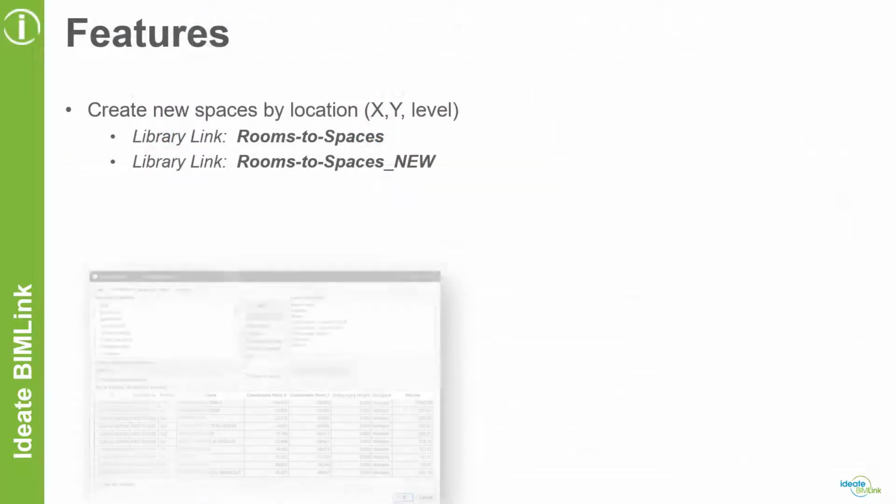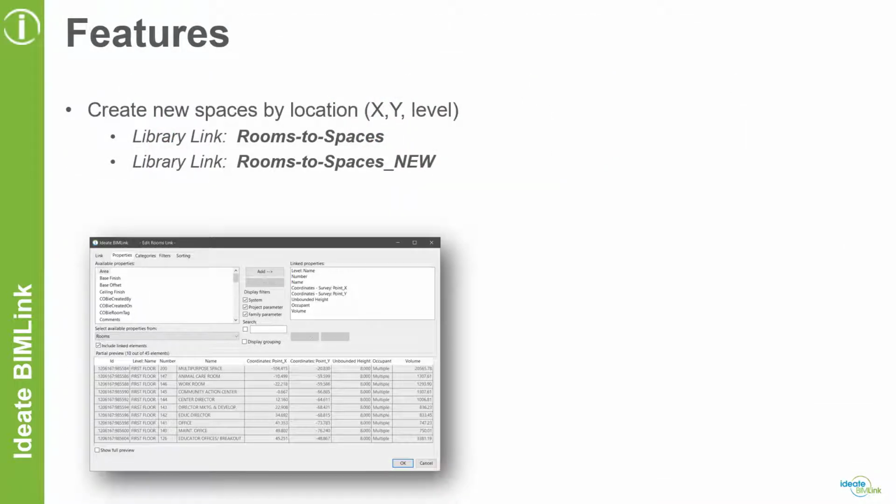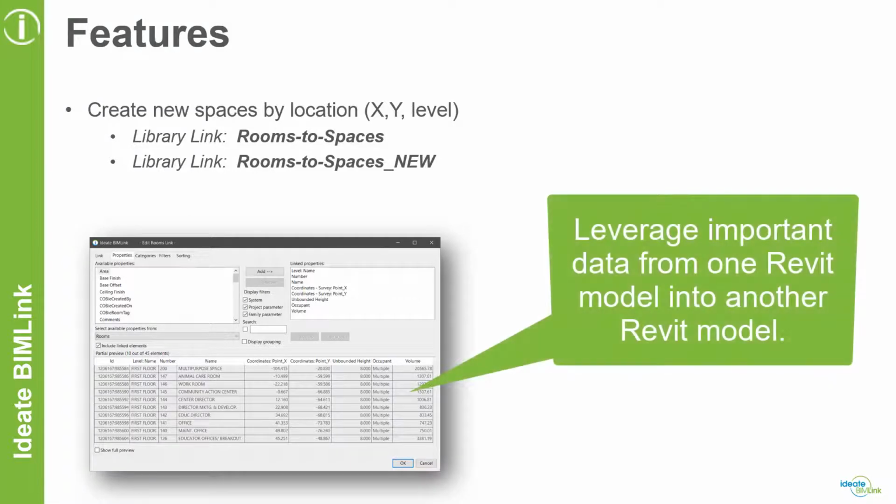We have 2 newly delivered library links for creating actual spaces with geometry based on the linked room coordinates. Not only can you now create a new space with the same X, Y, and Z parameters from linked room definitions, but you can review other room information that may be useful, such as occupant or volume parameters.